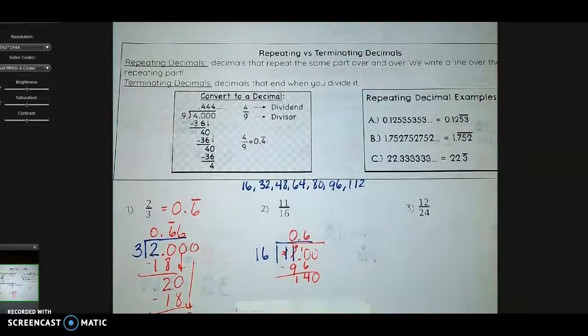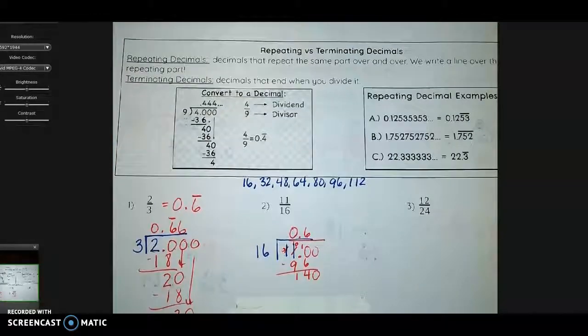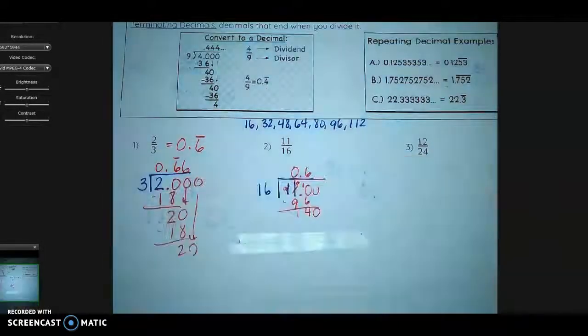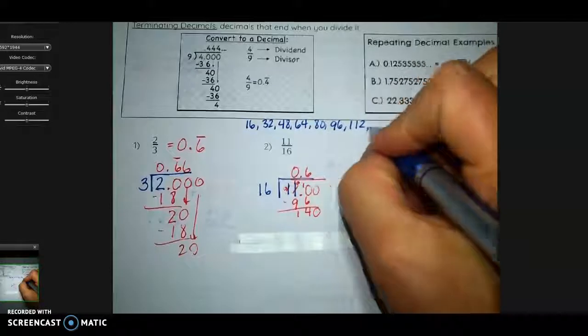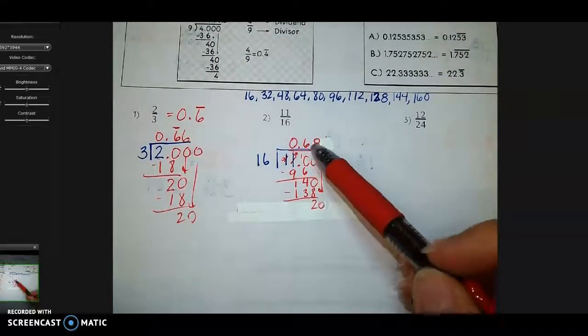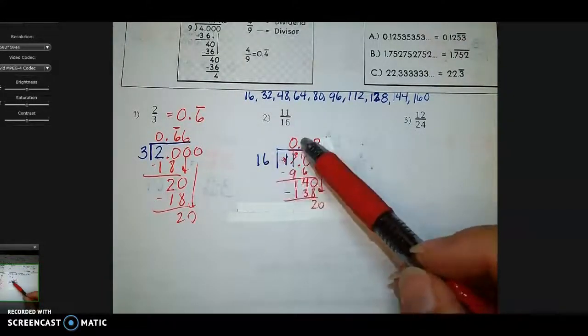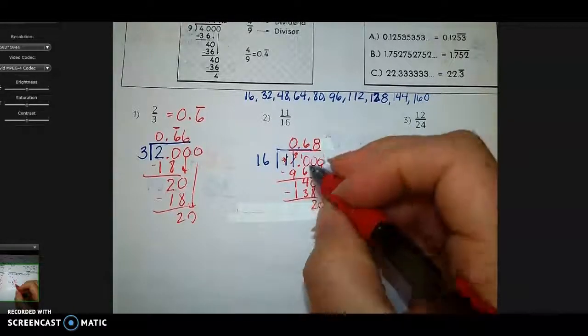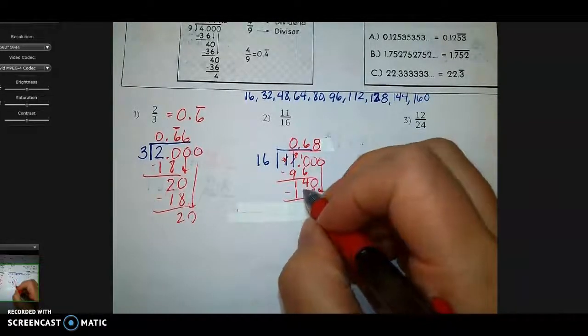Sorry about that. I thought I hit pause while I was whiting that out to give myself room. So now we've got to go 16 into 140. So I might want to extend this up here, and another 6 added onto that. Once we found that 16 times 6 was 96 and we did that subtraction, when we brought that down we had 140.